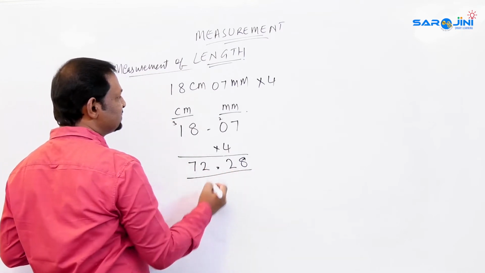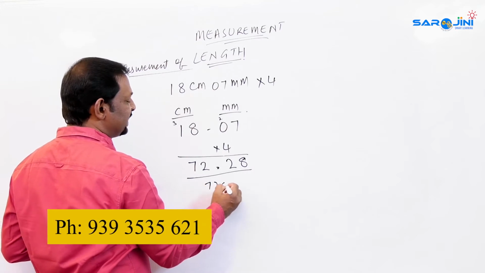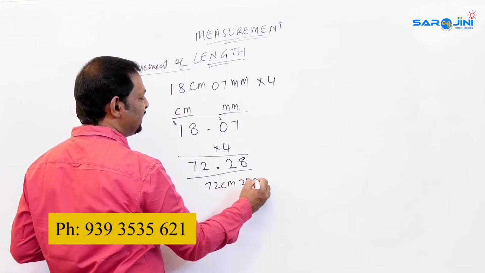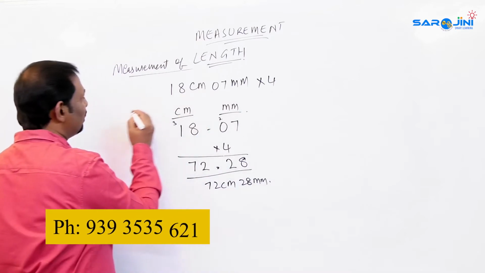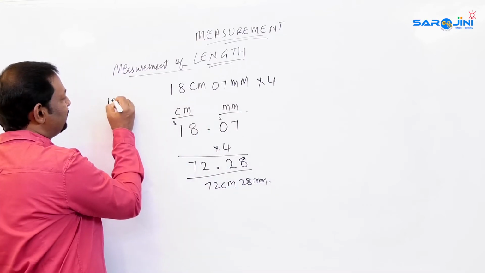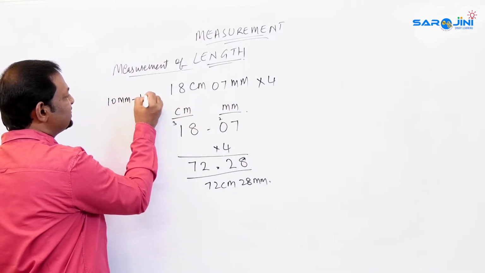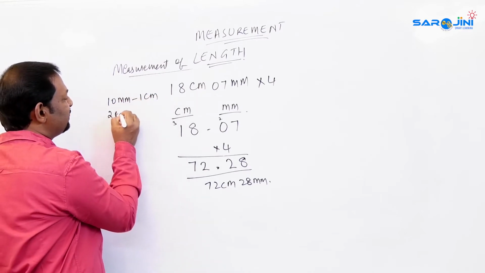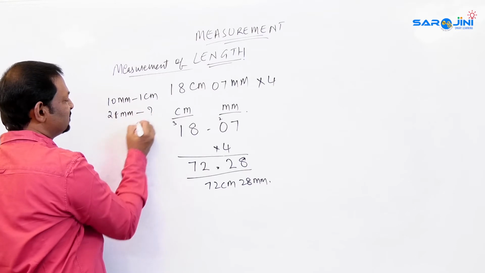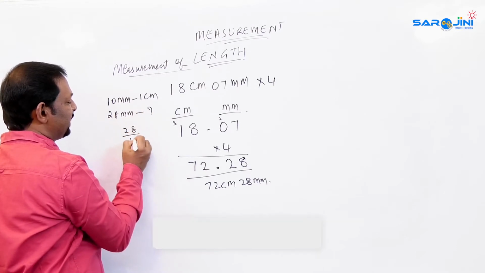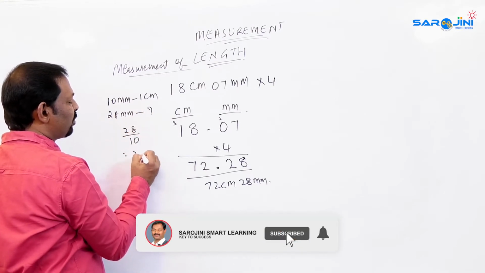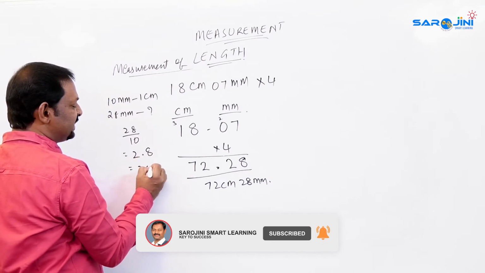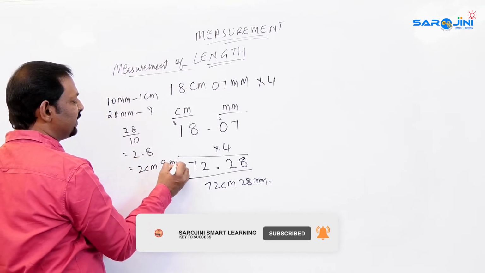Now this is 72 centimeters, 28 millimeters. Generally, 10 millimeters we counted as 1 centimeter, right? So now 28 millimeters is equal to how much? 28 divided by 10 is 2.8, that is 2 centimeters and 8 millimeters.